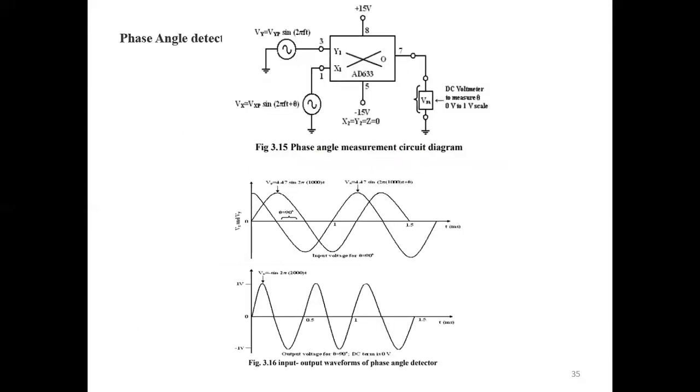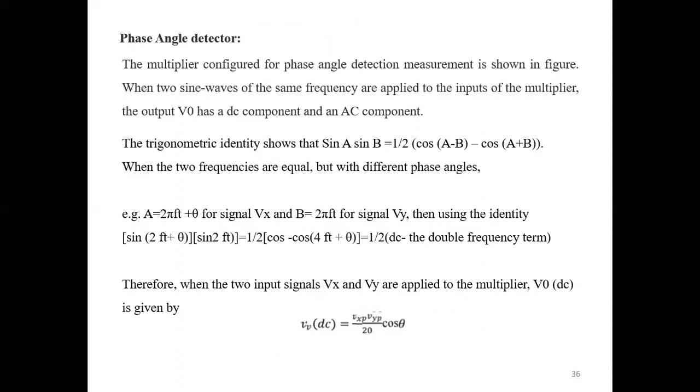Phase angle detector: this simple concept is used to detect the phase angle between two signals. Whenever two signals are connected with a phase difference, the multiplier produces an output, and a DC voltmeter at the output can measure the angle theta. The multiplier configured for phase angle measurement is shown in the figure.